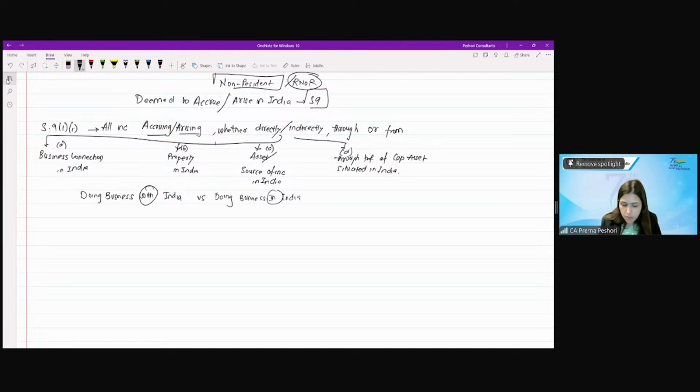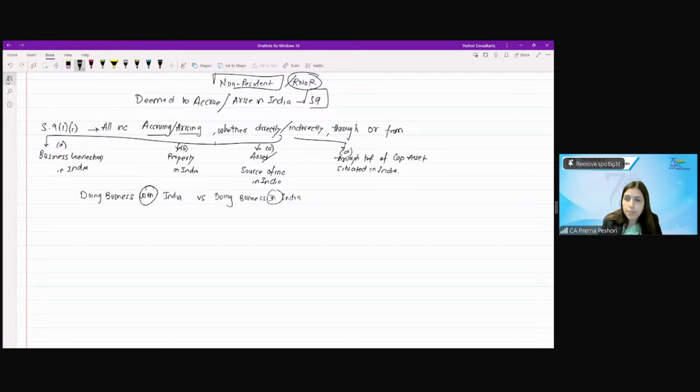Is there a distinction between the two? What do we mean by doing business with India versus doing business in India?